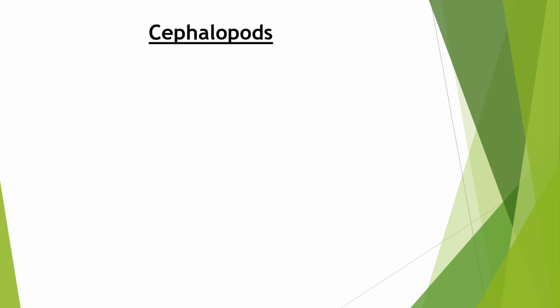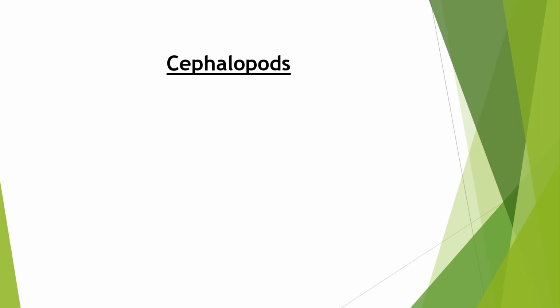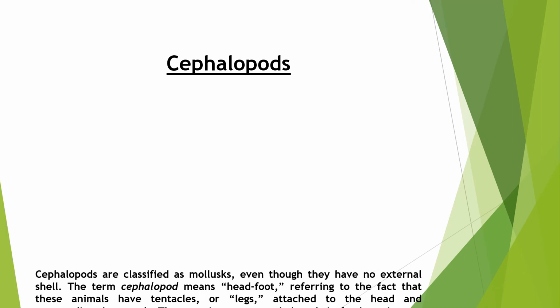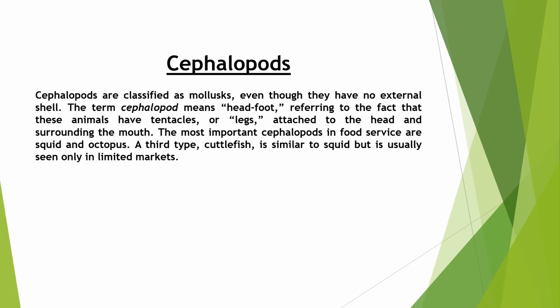Alright, so we're going to start with this one, the cephalopods. What are the cephalopods? Cephalopods are classified as mollusks even though they have no external shells. The term cephalopod means head foot, referring to the fact that these animals have tentacles or legs attached to the head and surrounding the mouth.